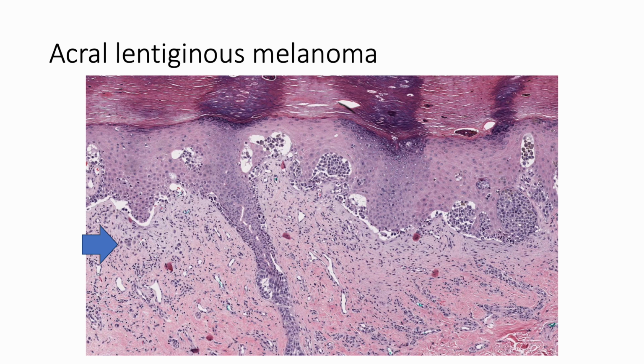Here is the histology of acrolentiginous melanoma, and you can see those separations. The separation is because there is confluent growth of melanocytes. The melanocytes, they don't like the keratinocytes. They don't have the desmosome, so they cannot hold the epidermis to the dermis. Then there is a separation.